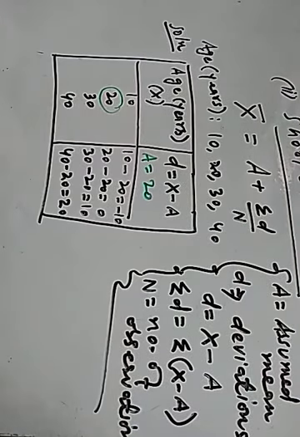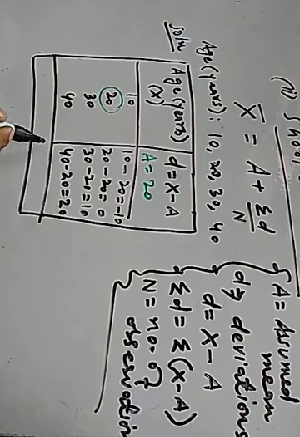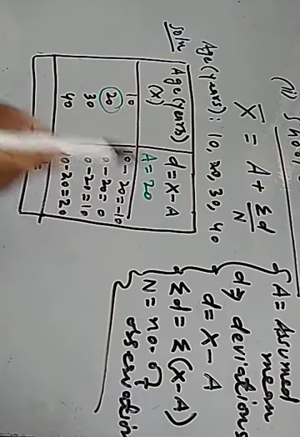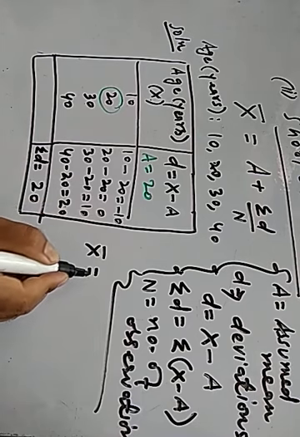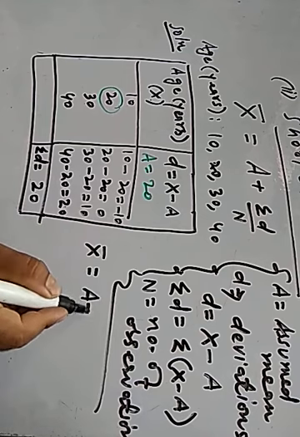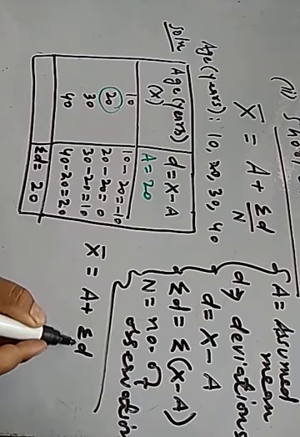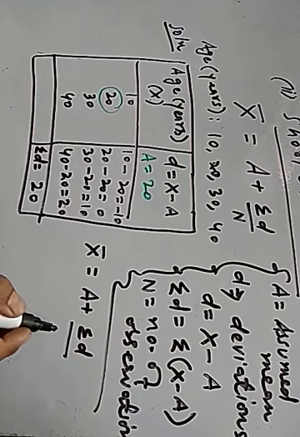Now applying the formula, we will get the value of the arithmetic mean, the average value of this data. Sigma d, which is the summation of x minus a values, will be equal to 30 minus 10, which is 20. X bar is equal to a plus summation of d values, that is sigma d, divided by n.